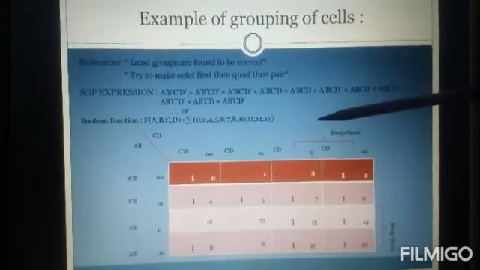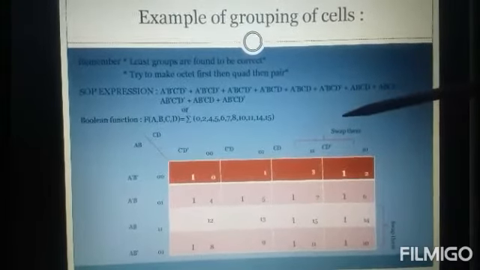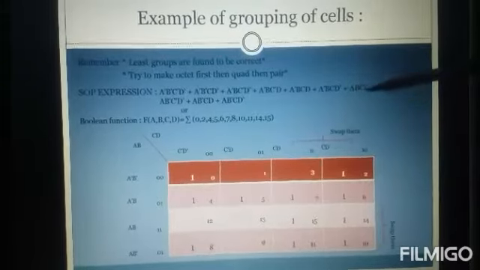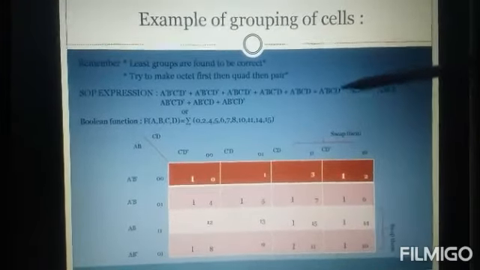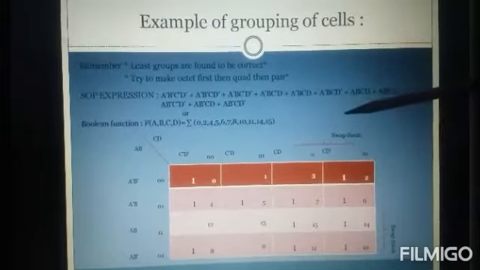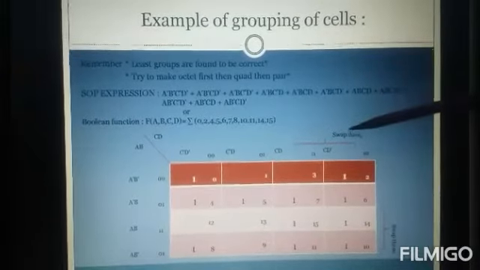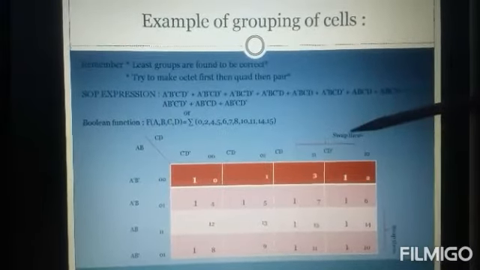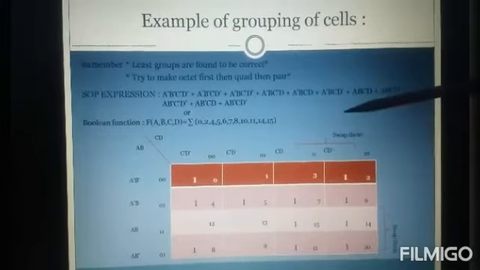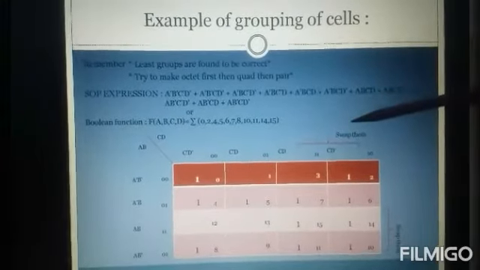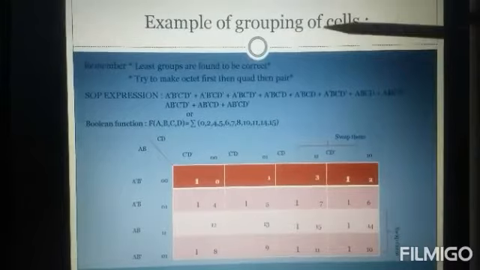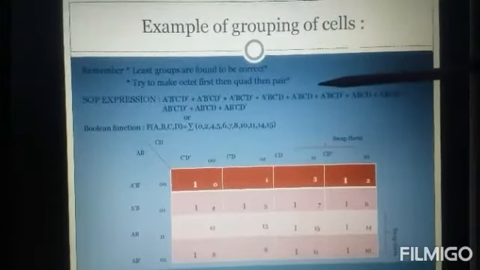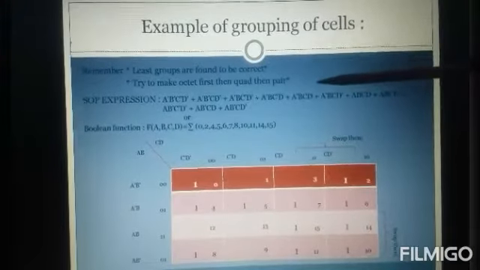Octet provides us 1 variable, quad provides us 2 variables, pair provides us 3 variables. The first person's equation is correct and another person's equation was wrong. Why? We have to go with octet first, then we have to create quads. Least number of formations were correct. The next one, try to make octet first, then quad, then pair.